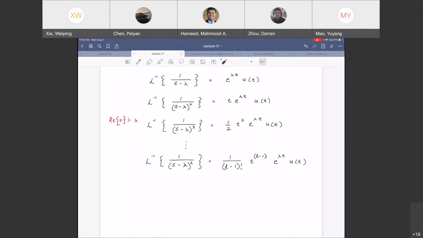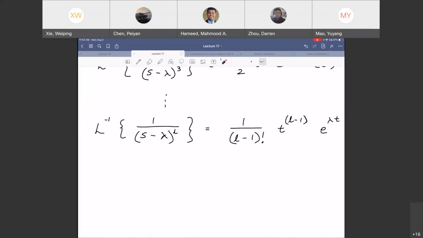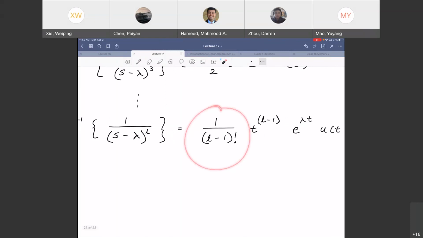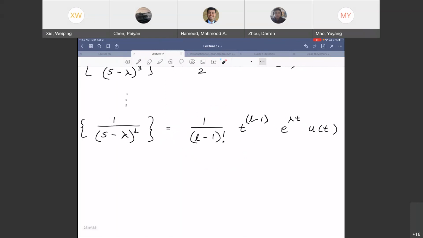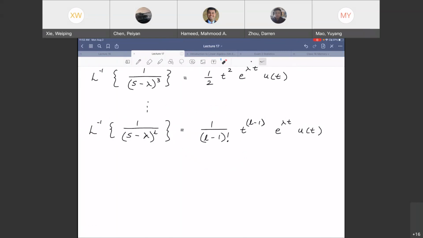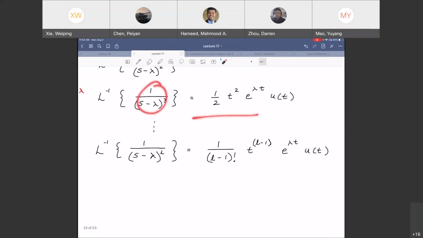And you keep going for more factors. The inverse Laplace transform of a function which has L repeated roots in the denominator is going to be 1 over L minus 1 factorial, t raised to L minus 1, e raised to lambda t u of t. Again, you can sort of prove these things.